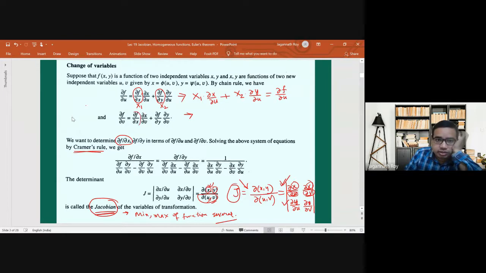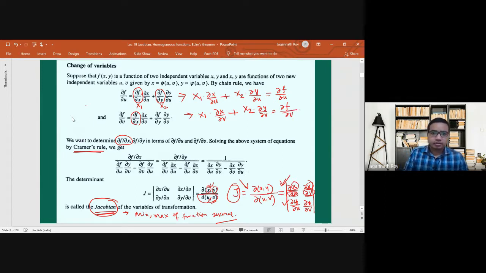Similarly, x1 into del x del v plus x2 into del y del v equals del f del v.